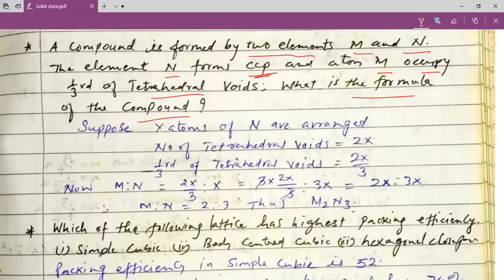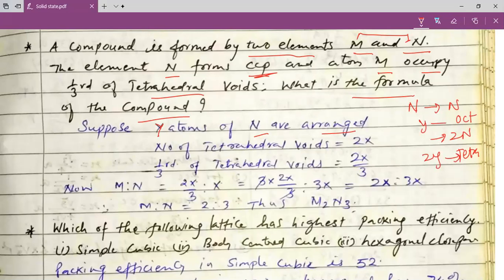We have the two elements M and N. Suppose Y atoms of N are arranged because it forms the CCP. We are very well aware that if we arrange N atoms, then we will have N octahedral voids and 2N tetrahedral voids. So if we arrange Y atoms, we will have Y octahedral voids and 2Y tetrahedral voids.